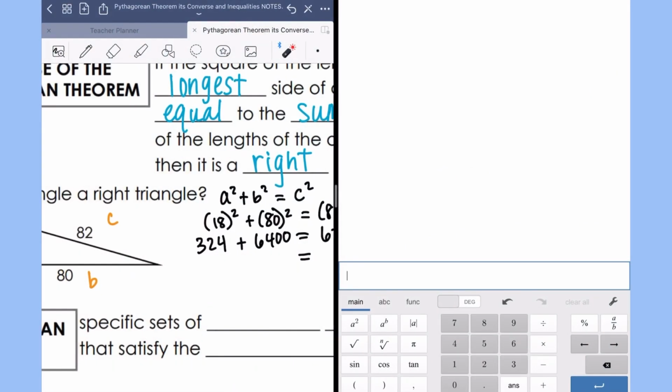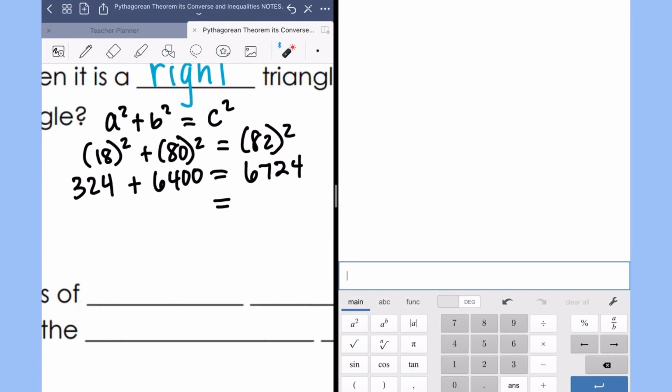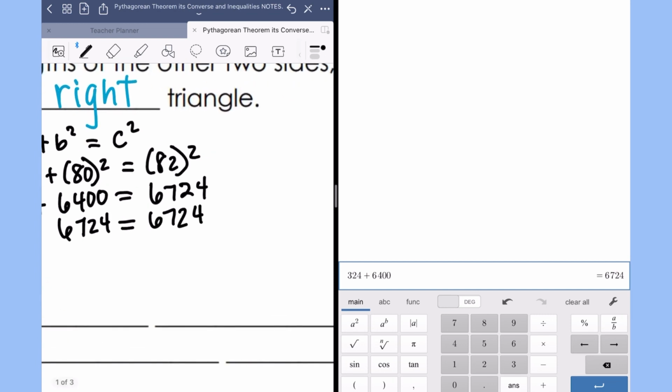Okay, so this should be true. 324 plus 6,400. Does that equal 6,724? And the answer is yes. It is equal, which means that yes, this is a right triangle.